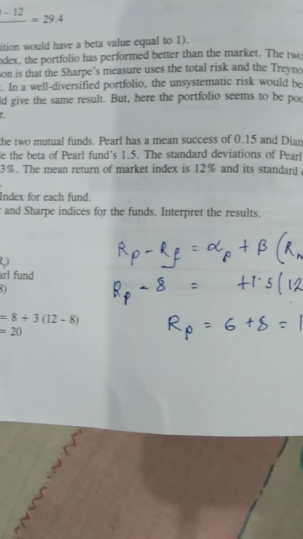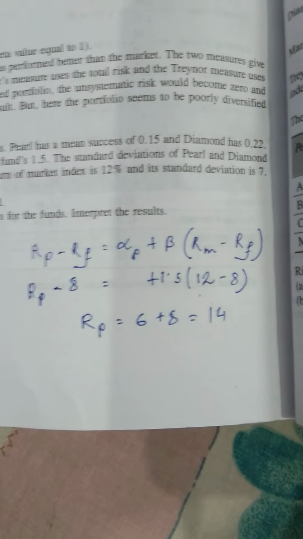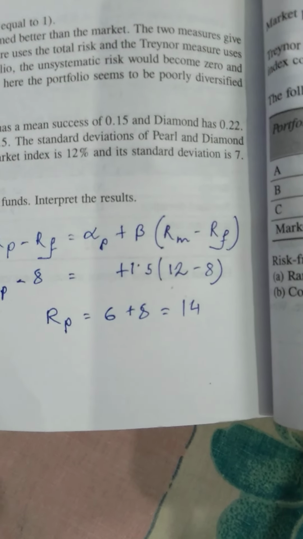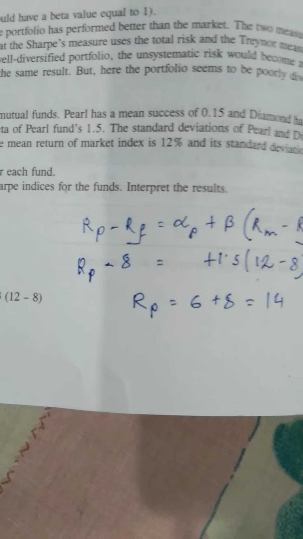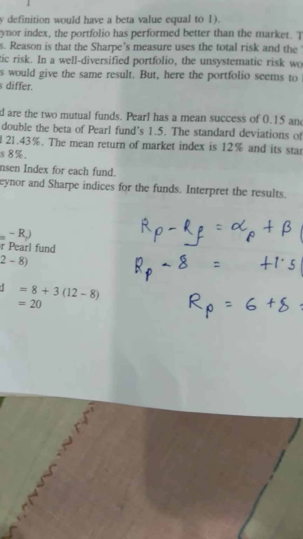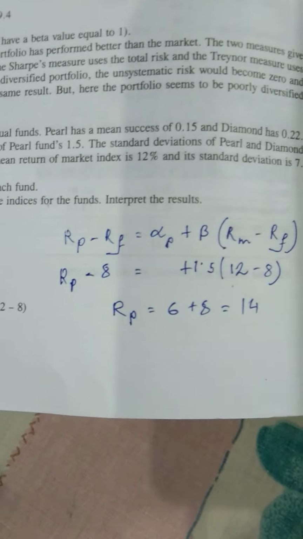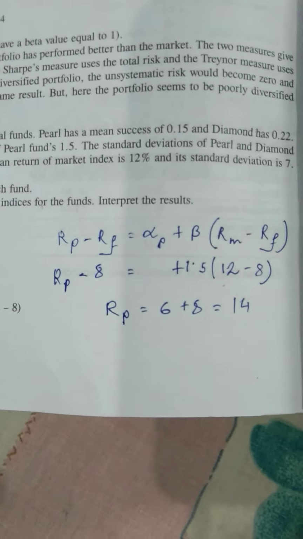Beta, look at the question: the Diamond has double the beta of Pearl, so automatically the Pearl beta is 1.5. The return from the market, RM, is 12, that is also given in the question. RF is 8, automatically RP came out as 14.